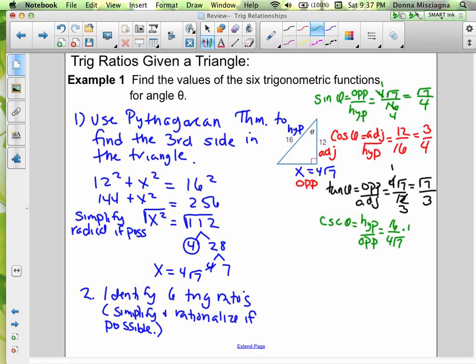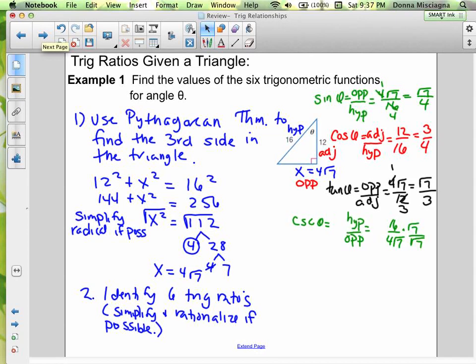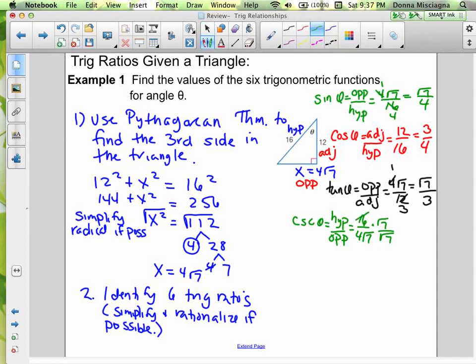We can reduce, and we're going to have to rationalize. So we can reduce 16 and 4. That's going to be a 1 and a 4. And that's going to be now 4 square roots of 7 divided by 7, right? Because square root of 7 times the square root of 7 is the square root of 49. What's the square root of 49? It's just 7, right? So rationalizing is pretty easy when you're dealing with square roots.